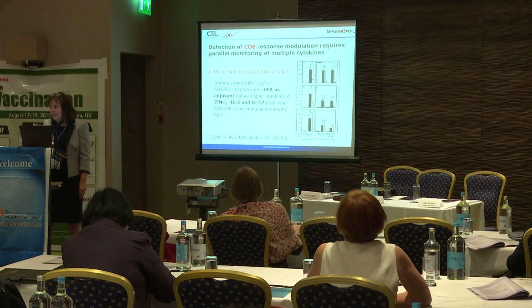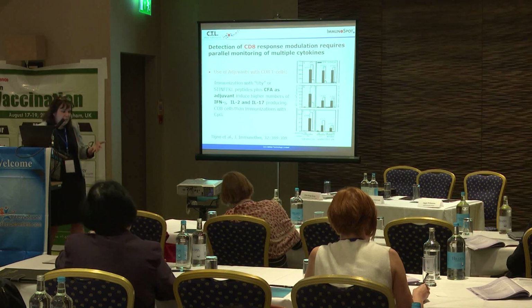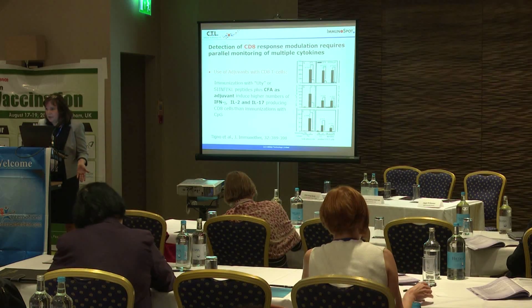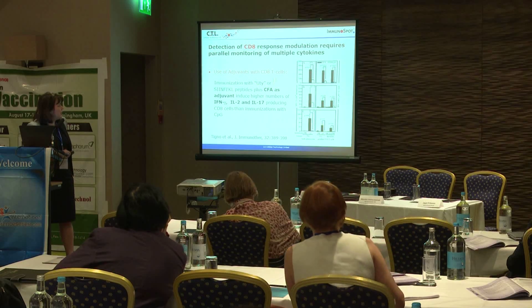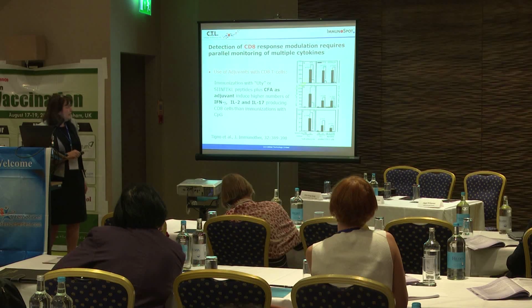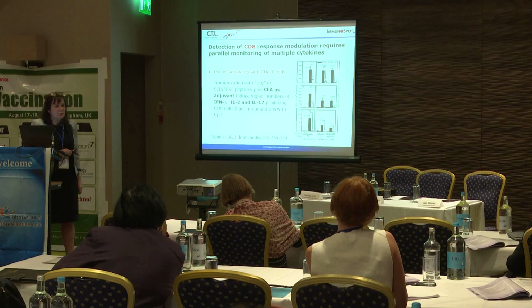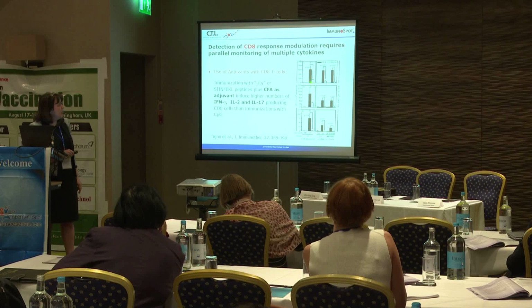Now let's look at CD8. Are CD8 and CD4 behaving the same way with the same adjuvants? We used a CD8 peptide, UTY, and we got a little bit of a surprise. The hierarchy changed. Now CFA was the highest in interferon gamma production.